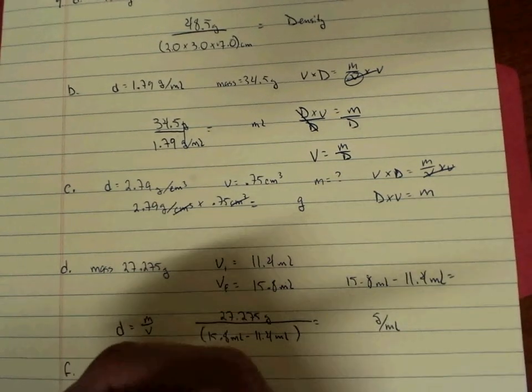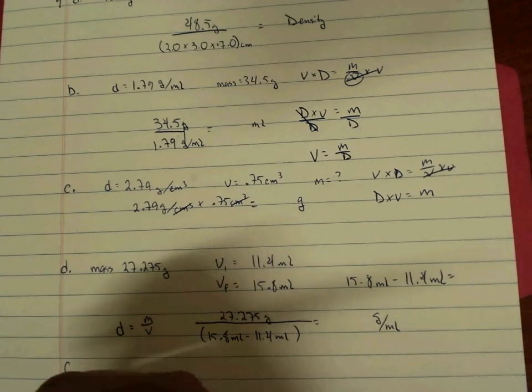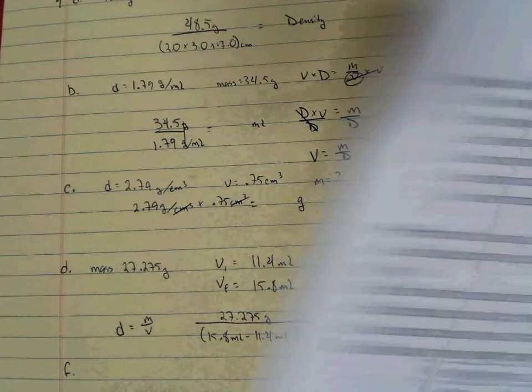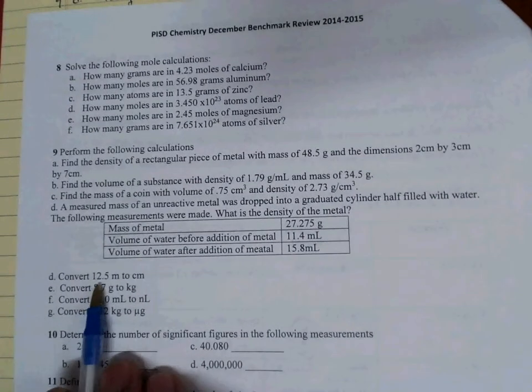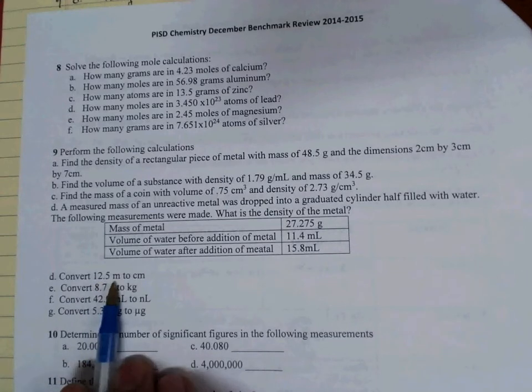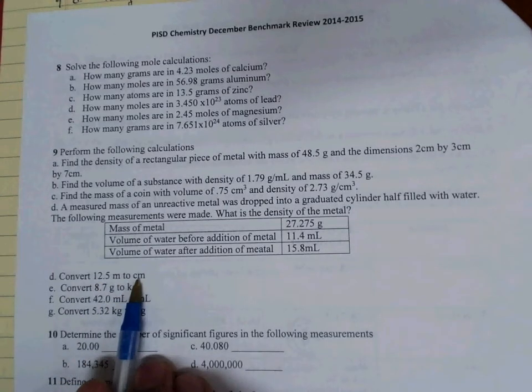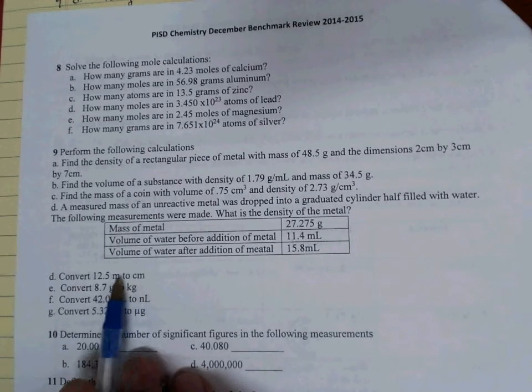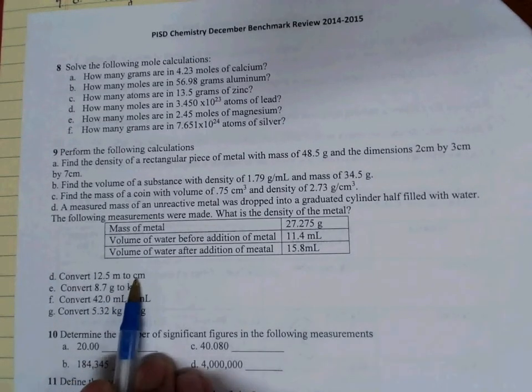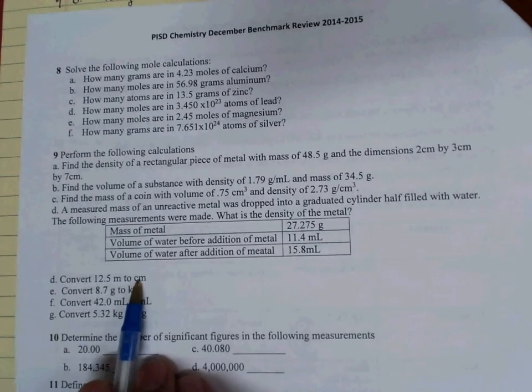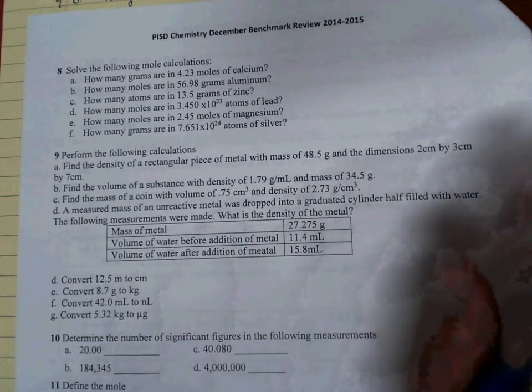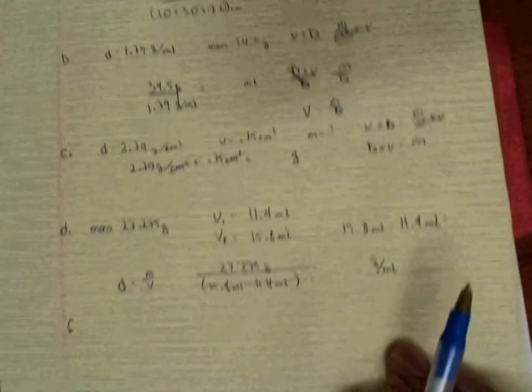E. Convert 12.5 meters to centimeters. Well, I know that centi means 100, and I'm going from big to small, so I'm going to get larger. So then I would multiply the 12.5 meters by the centi.